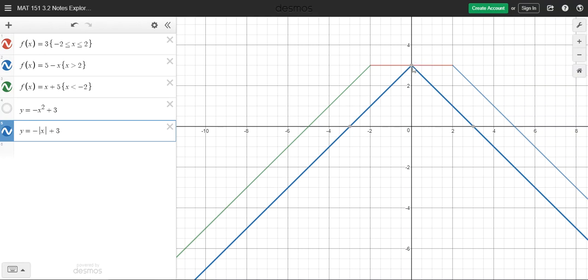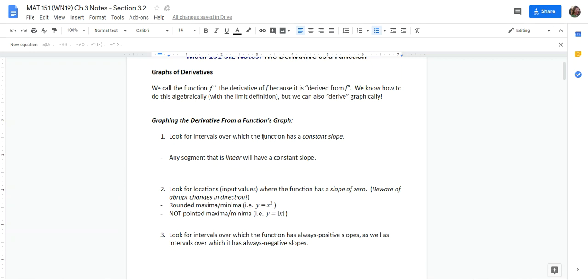Instead, the slope on this part is positive 1, the slope on this part is negative 1, so its derivative is going to be undefined at this point, since it's going to have two different limits on the left side and the right side. So we want to really be cautious of those sharp points. I'll go back to the previous page and summarize.